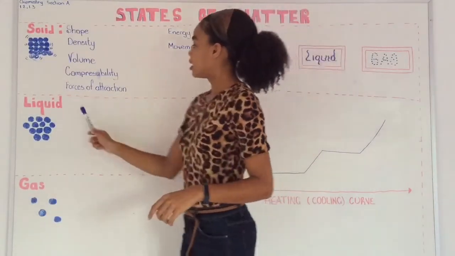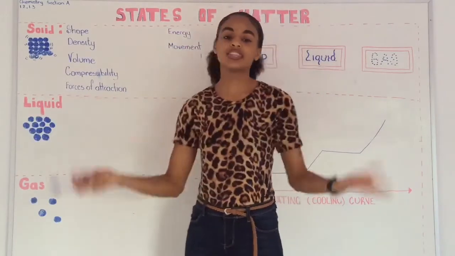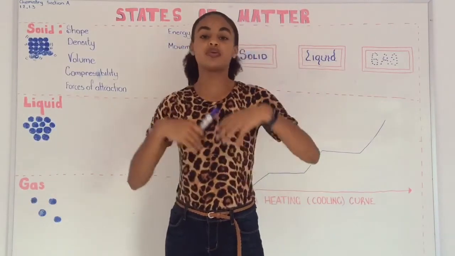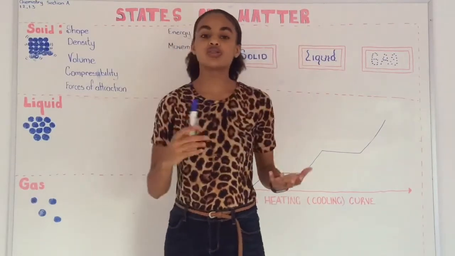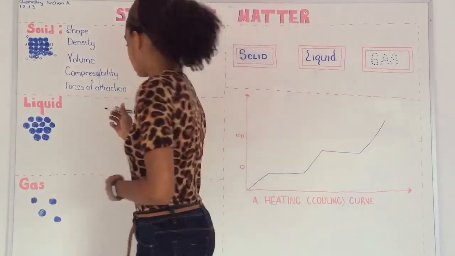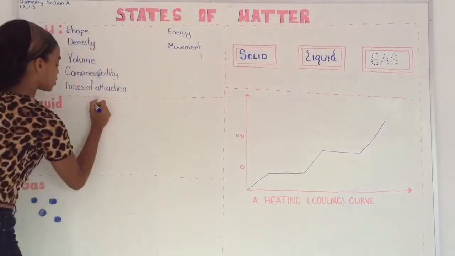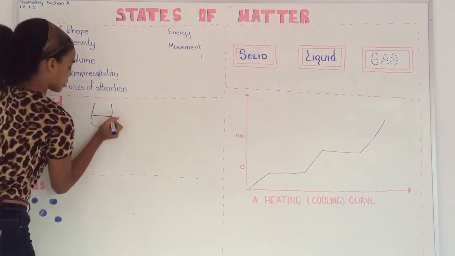Okay. Liquid. The shape of a liquid is the shape of the container that it's in, or the shape of the part of the container that it's in. Imagine pouring some water into a container that has a circular bottom.